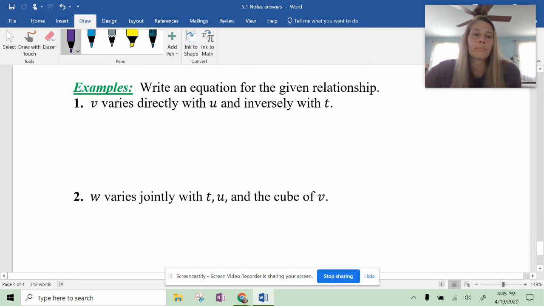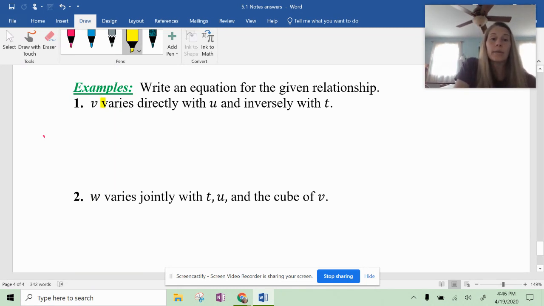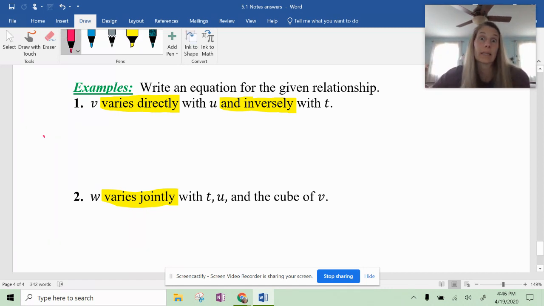Okay, so writing an equation for the given relationship. So first thing we want to see is how is it varying? This one's going to vary directly and then inversely. Okay, this one says varies jointly. So basically the way I kind of think of it is I read it left to right and I kind of just put it in as it comes, right?